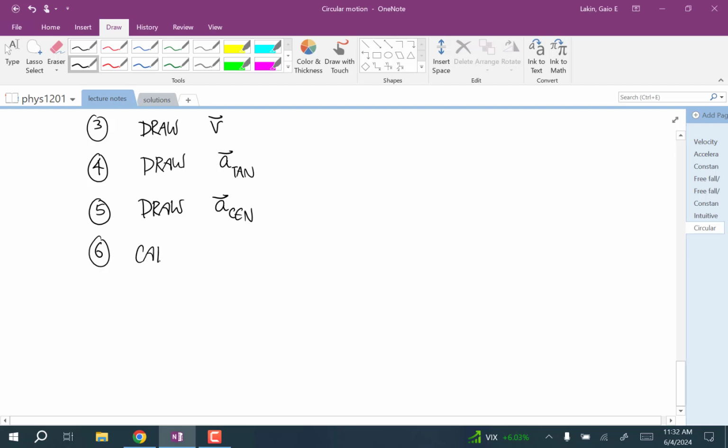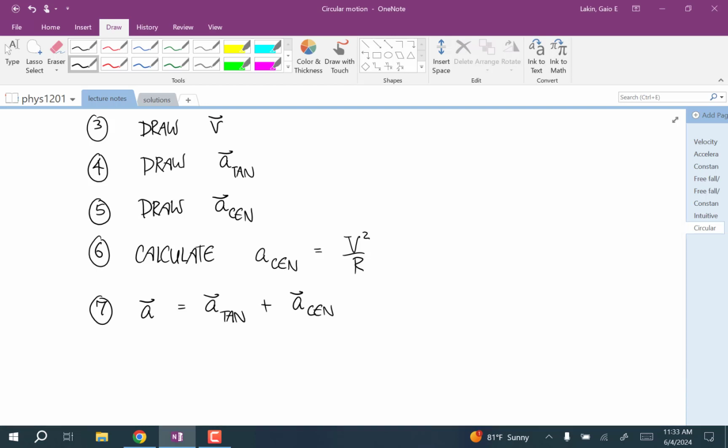Six, calculate the magnitude of the centripetal acceleration vector. And then finally, put those accelerations together. So the total acceleration is the tangential plus the centripetal. Okay, and that's just a way that you can always use to calculate the acceleration in circular motion.